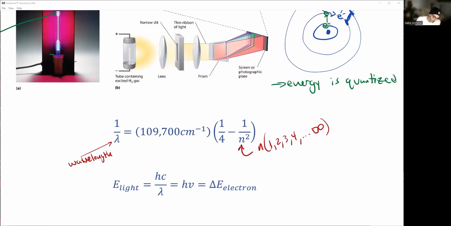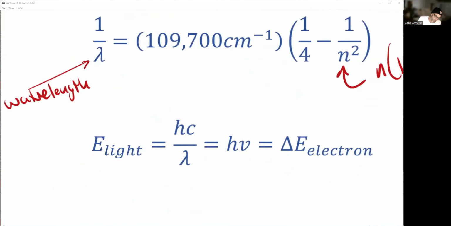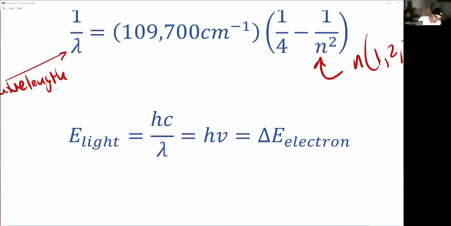From that, they came up with the development of these equations, or these equations are also part of it. You will always get these equations. I will always provide these to you, so you just have to be able to read them. H is known as Planck's constant. C is the speed of light.